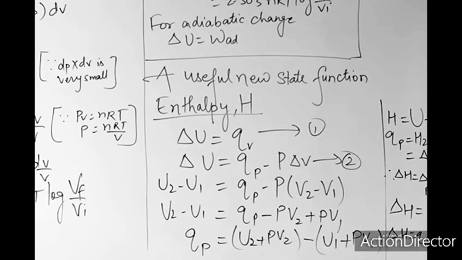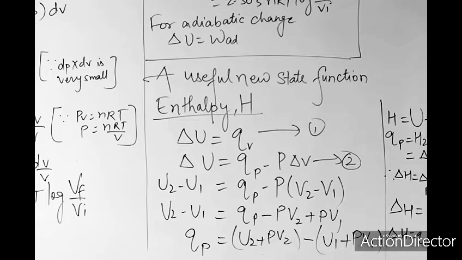But if we take these things under constant pressure, delta U is equal to QP minus P delta V. You can ask me, sir, why does this happen? Because QP is heat absorbed by the system and minus P delta V represents the expansion work done by the system.